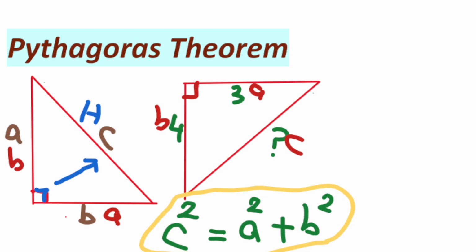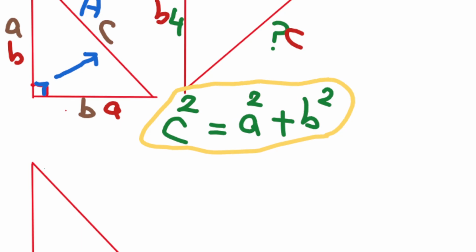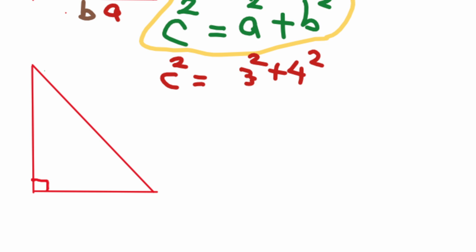So let's do this. C squared is equal to A squared plus B squared. So A is 3, so it will be 3 squared plus 4 squared. Then we'll try to just finish this. C squared will equal 3 squared, which is 9, plus 4 squared, which is 16.